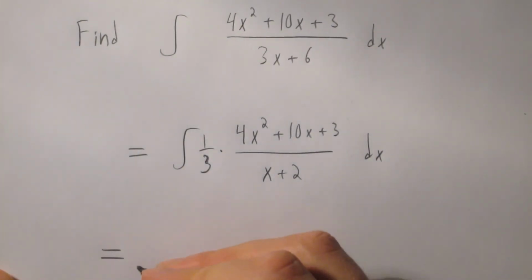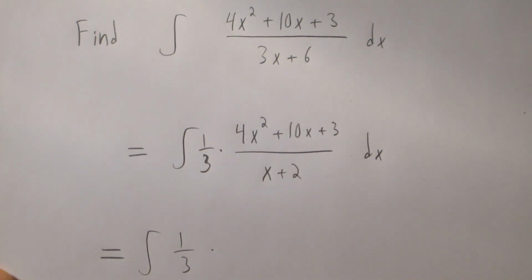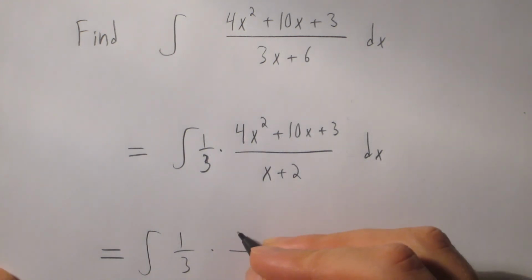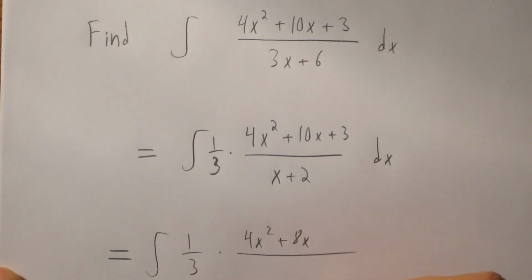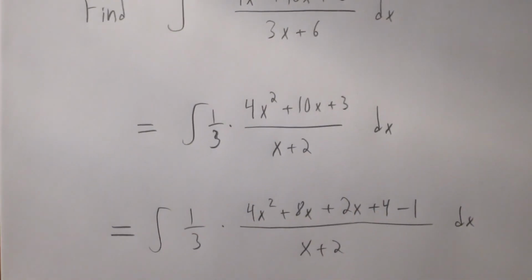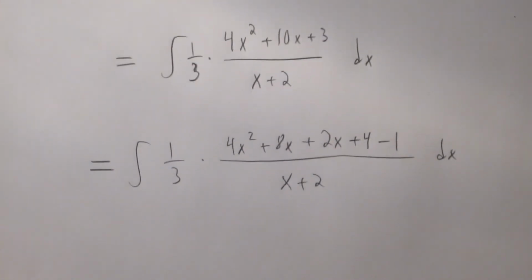Personally, I would be too lazy to do long division in practice, so I would just do it like this, because I know these two guys together become something nice. So then it's 2x, and then I have to plus 4, and so I just rewrite everything like this. Why do I do that?